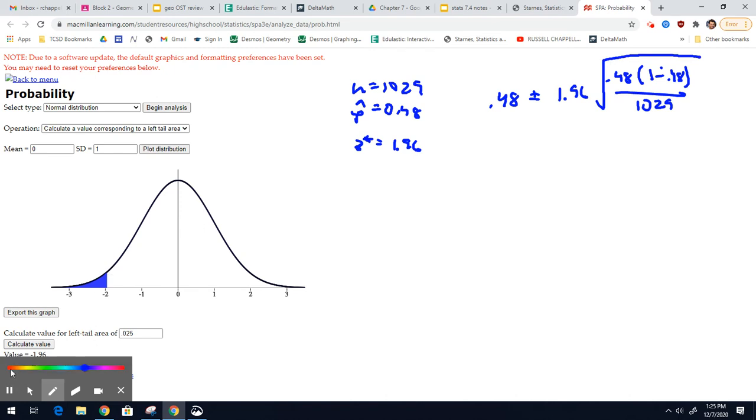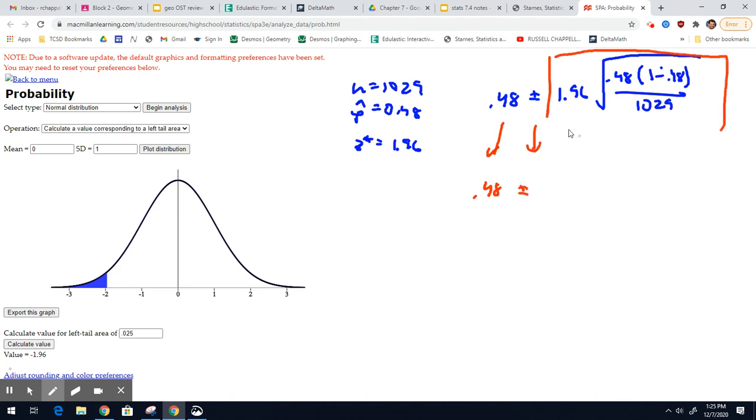And again, what I told you guys to do was just bring down the 0.48, bring down the plus or minus, and type in this margin of error and get that estimated to 2 or 3 decimals. Always go to at least the decimal length of the point estimate, if not one additional.